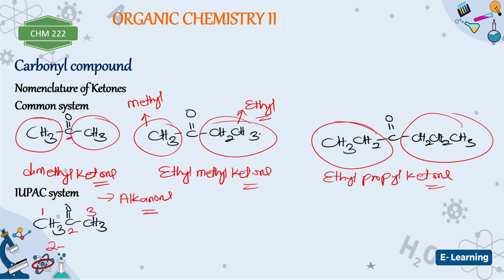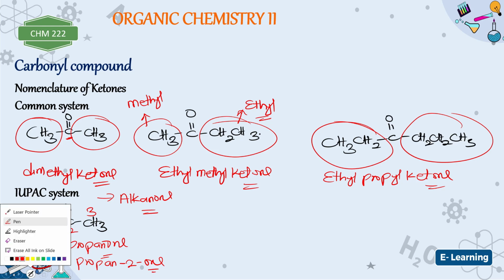Because you have propane, you change the E and put it as propanone. So this becomes 2-propanone. Now sometimes some persons may say propan-2-one, to show you the position of the ketone group.